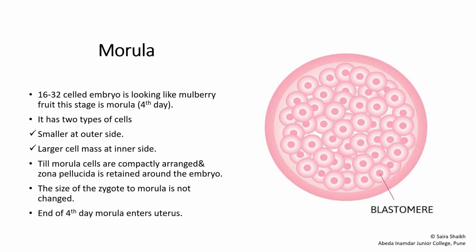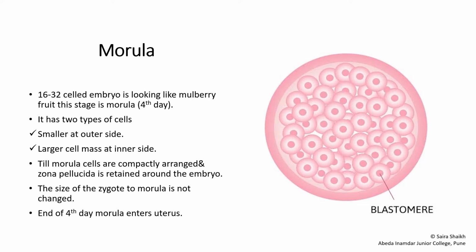It looks like a mulberry fruit. This stage is called the morula. It comes after the fourth day of fertilization. It has two types of cells. Smaller cells are present on the outer side, and larger cells on the inner side.